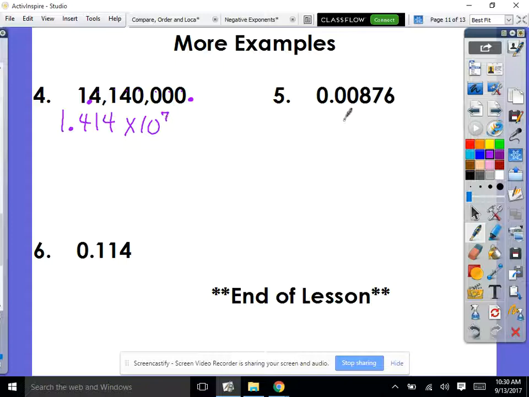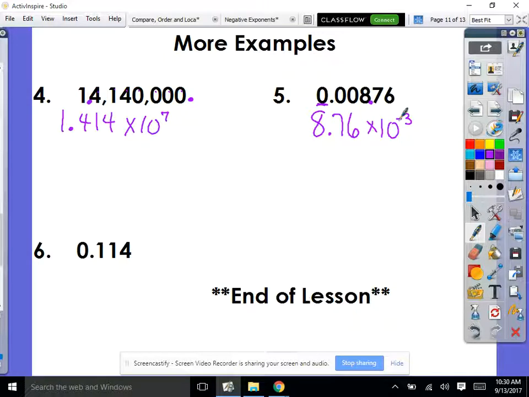Step 1, rewrite the number with the decimal after the first natural number, so that's where it's going to be, 8.76. Step 2, easy step, times 10. Step 3, count the numbers between the original decimal and the new decimal. It's 3, and our original number was less than 1, so that makes our exponent negative.